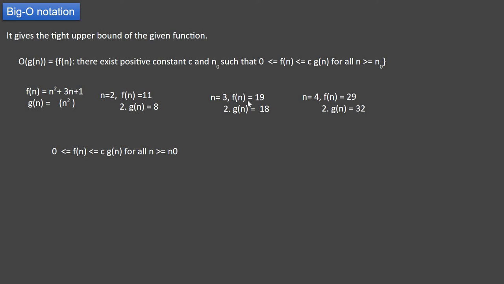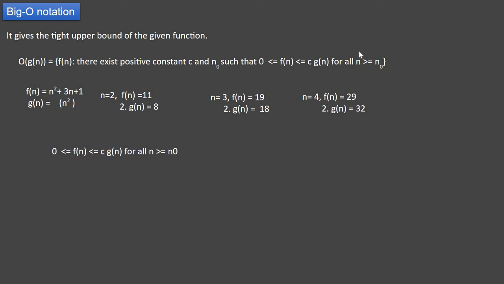For 3, it is almost equal, which in some cases might become equal, but we are still assuming it almost equal, right? So this is actually satisfying this condition, that gn is greater, including the constant, or equal, for n naught is equal to 3, and n will be greater than or equal to this 3.